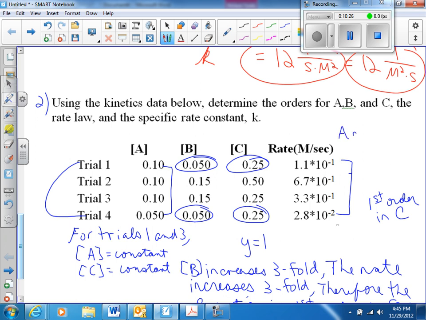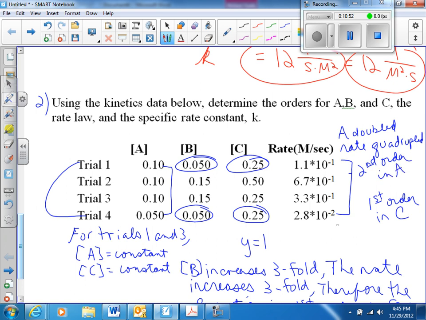So A doubled, the rate quadrupled. Do you see that that would be second order? Because A squared would be the ratio of the rates. So second order in A.